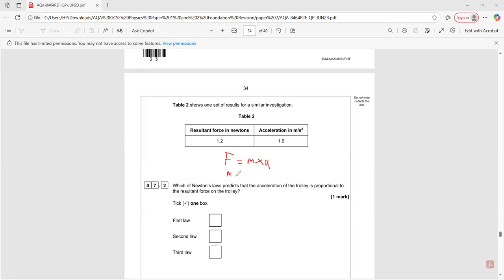Mass will be equal to force divided by acceleration, which in this case is 1.2 divided by 1.6. What would that give you? 0.75. Okay, so that's the mass of the trolley in kilograms.